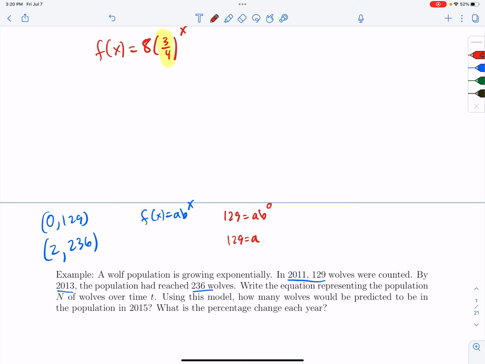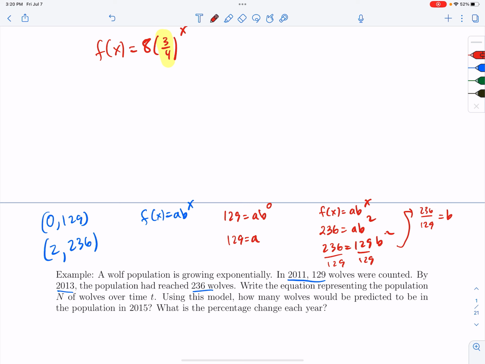And then f of x is equal to ab to the x. Using the other point, 236 is equal to ab squared. I'm going to substitute the a value in: 236 is equal to 129 b squared. Divide both sides by 129, so 236 over 129 is equal to b squared.